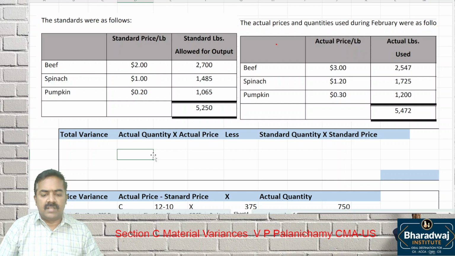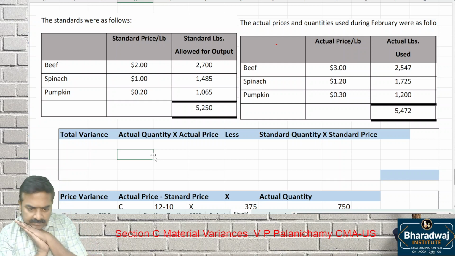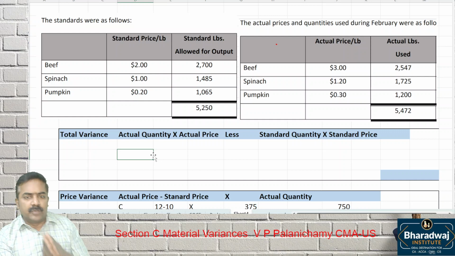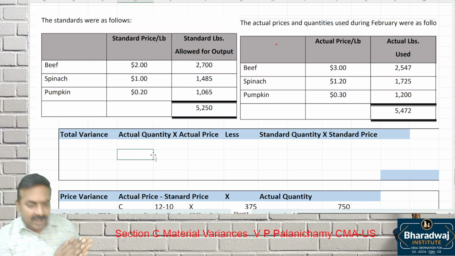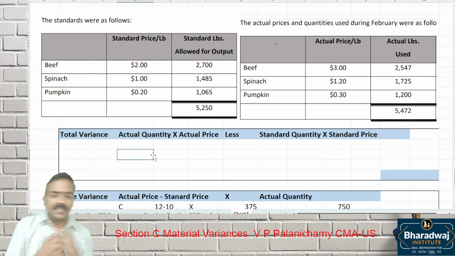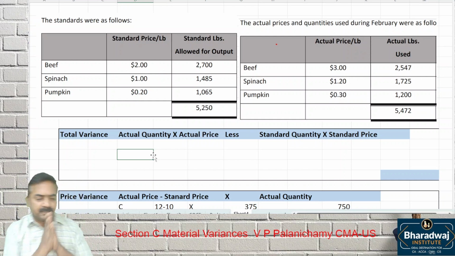Try to work out all the variances for this question. For those who are accessing the recording, I'll pause now. Ensure that you are solving all the variances and proceed with going through the video.